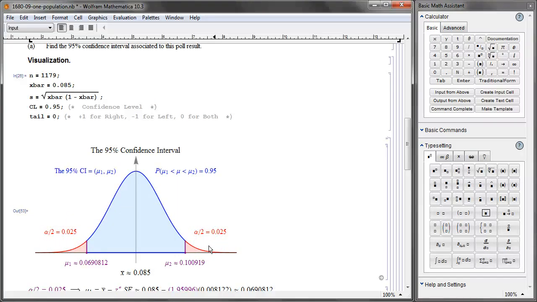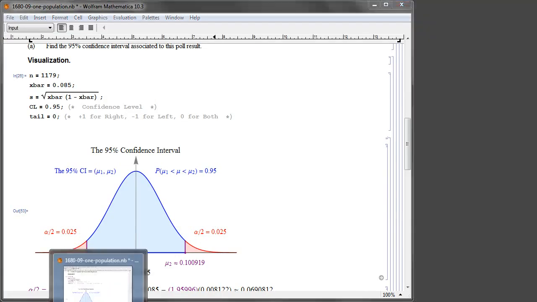Now, how do we find the confidence interval? Well, pretty much the same thing we did in Chapter 8, as a matter of fact. Let's look up the normal table and find the z-score associated to 2.5%, 0.025.